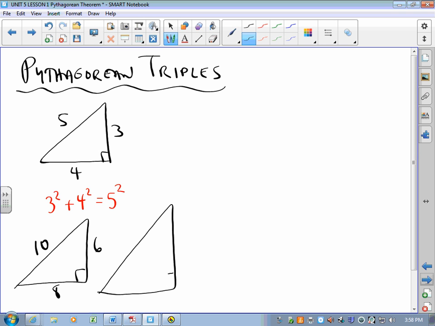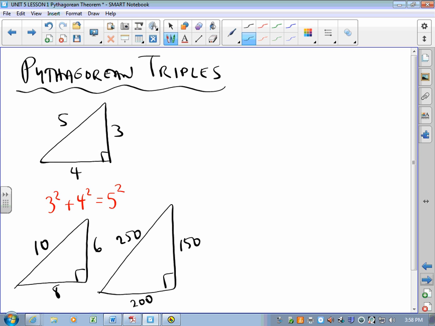Similarly, if I got a lot bigger and I made 150 and 200 and 250, that is a multiple of the 3, 4, 5. That just takes the 3, 4, 5 and multiplies every side by 50. And so everything that's a multiple of a 3, 4, 5 is a right triangle.